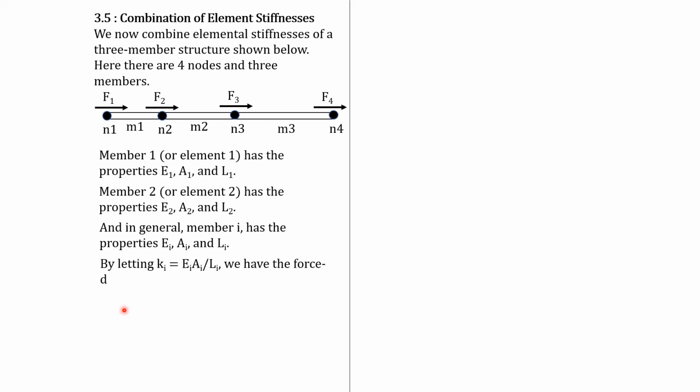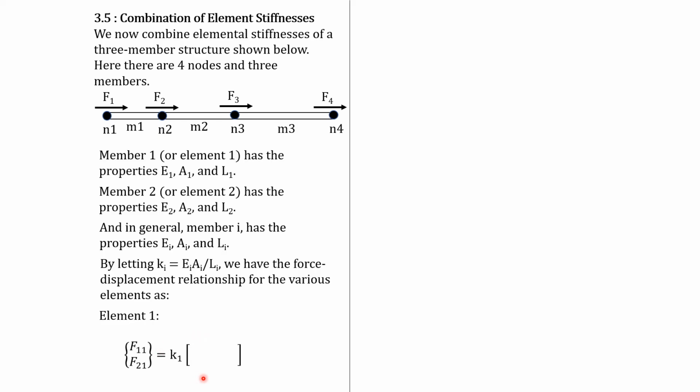By letting Ki equal Ei Ai over Li, we have the force displacement relationship for the various elements as follows. For element 1, F11, F21 equals K1 times 1, negative 1, negative 1, 1, times U1, U2. So this is column 1, column 2, row 1, row 2. Element 2 goes from node 2 to 3.